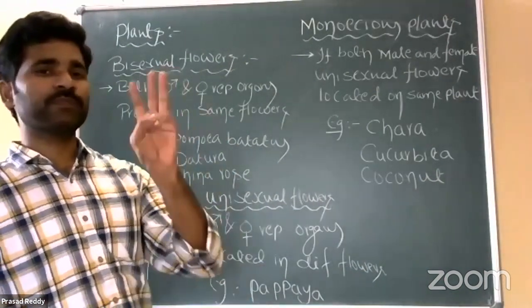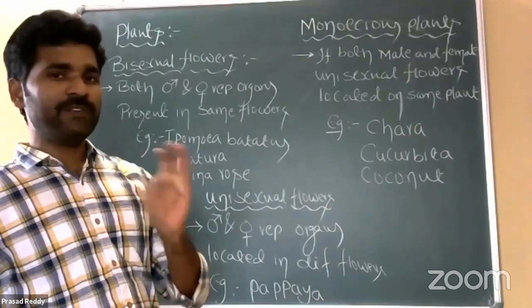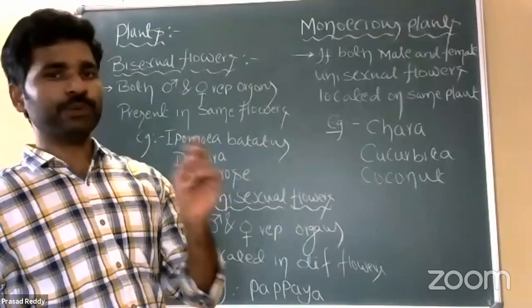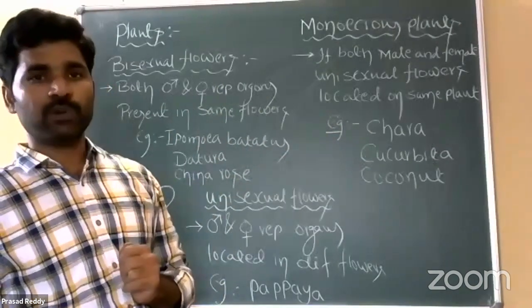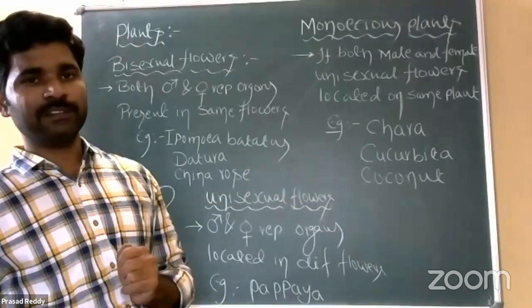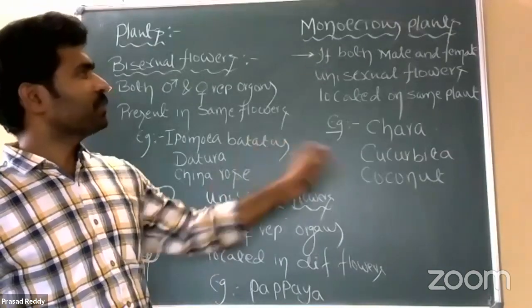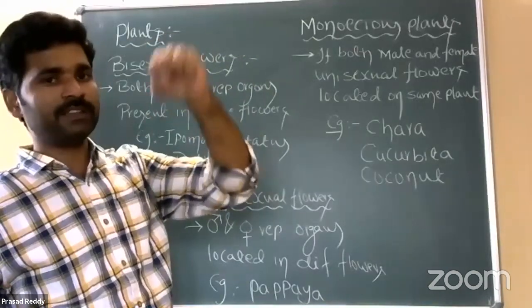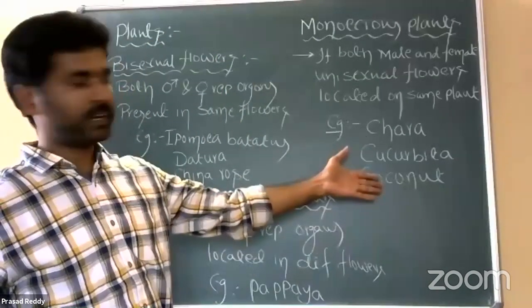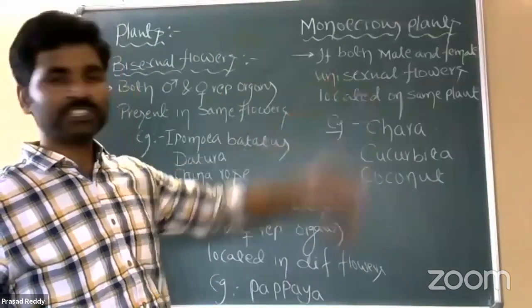See, in coconut, three types of flowers are observed: male flowers, female flowers, and neutral flowers. In between the male and female flowers, neutral flowers are located in the coconut tree. So two types, male and female unisexual flowers, are located on the same plant in coconut, in Cucurbita also, and in Chara also.